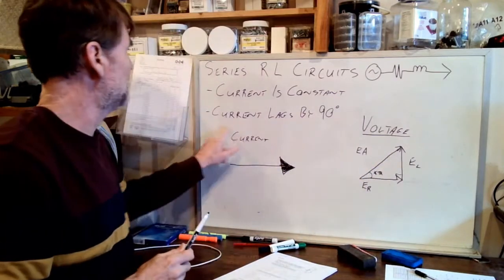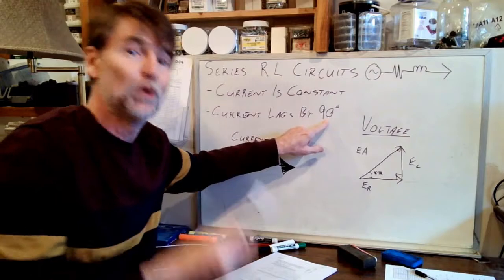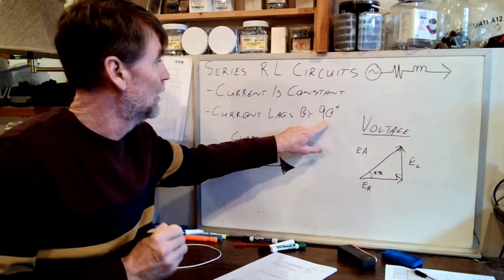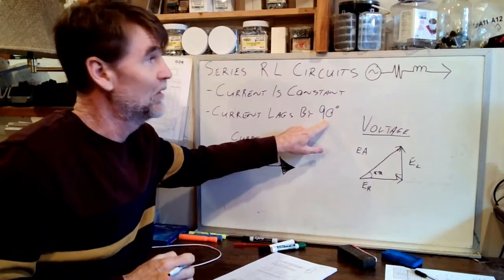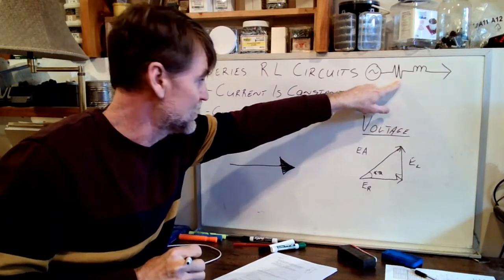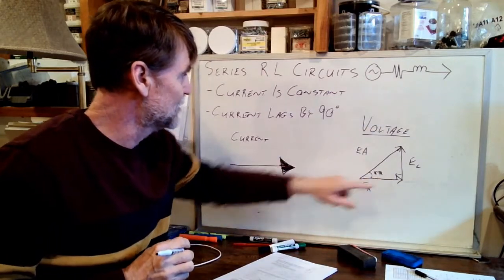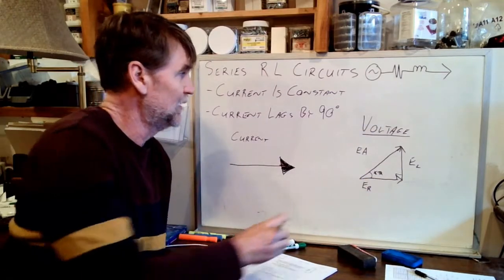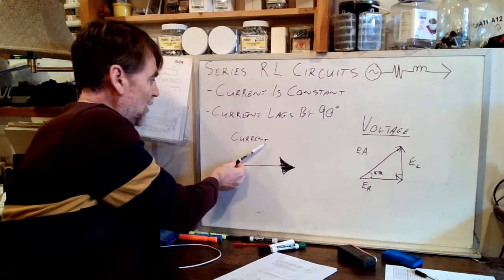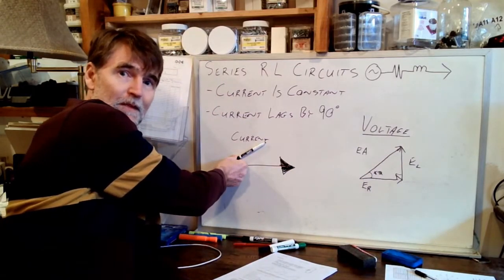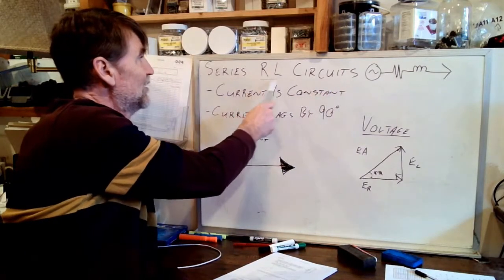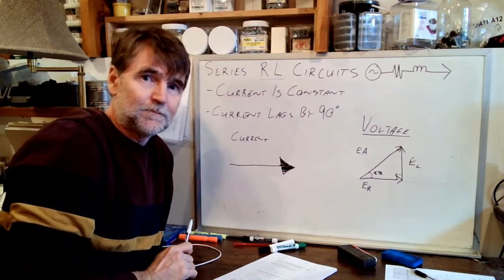We know it's not 90 degrees, because that would be a purely inductive circuit, which is a hypothetical circuit that doesn't really exist. Every circuit has some inductance and some resistance. So this angle is going to be something between 0 and 90 degrees, and we're going to be able to calculate it. That is what we call the phase shift: the extent to which the current lags the voltage in this RL circuit.